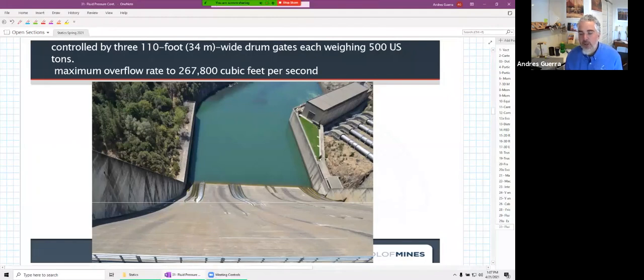We're talking about 267,000 cubic feet per second. This is for the maximum flood loading that could occur at Shasta Dam. It's in the Sierra Nevadas, and that worst case flooding is a rain on snow event. I've always wanted to see a rain on snow event.